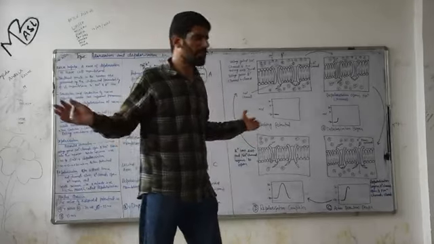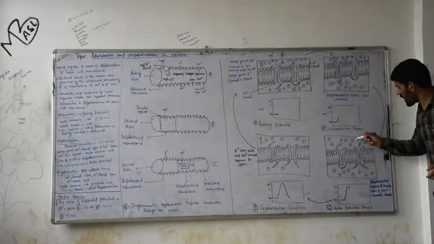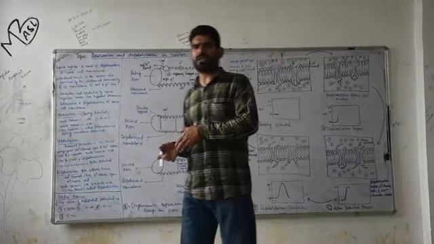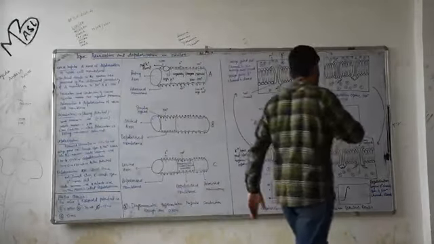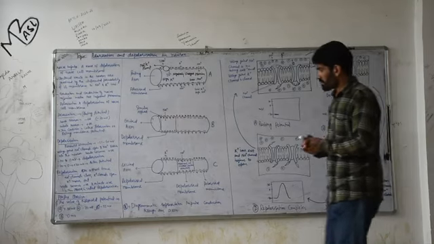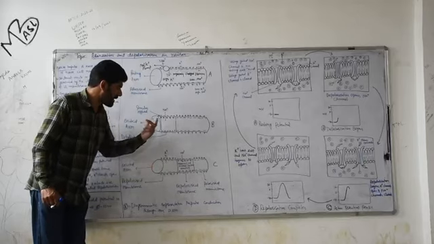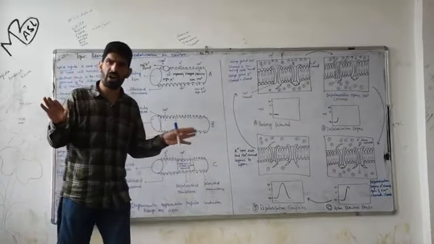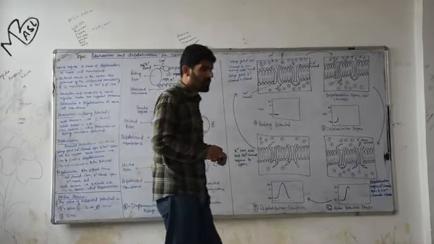Potassium concentration inside is high and outside is low, so the potassium ions flow from inside to outside. So now the positive charge is moving from inside to outside. At a certain point of time, the outer surface of the membrane becomes positively charged and inside becomes negatively charged.